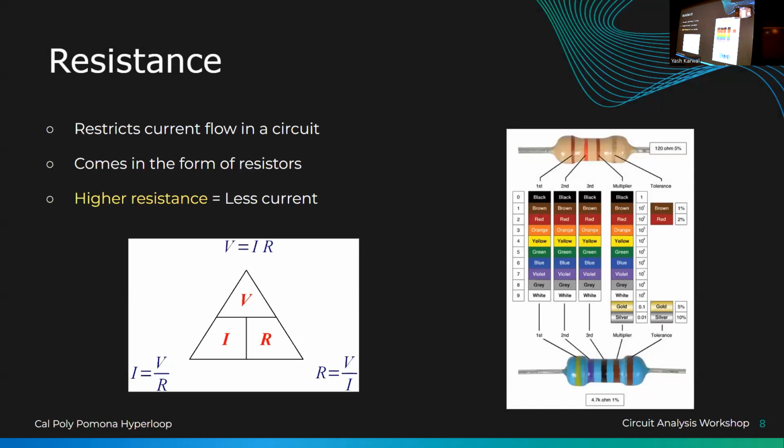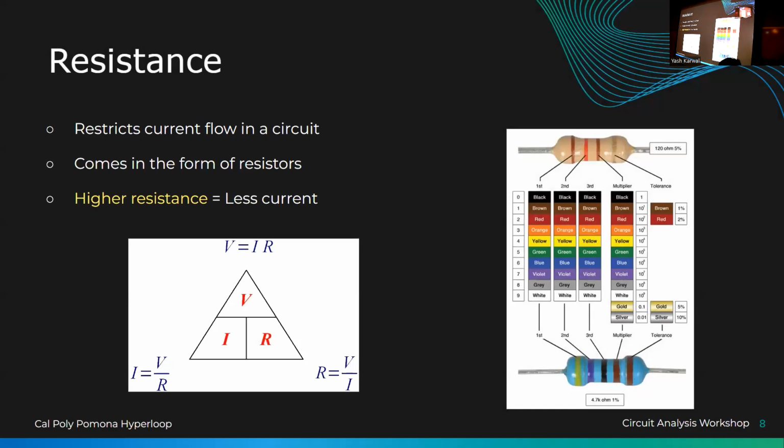All right, resistance. Let's say in the circuit you want to control how much current goes into a device. For example, if you want to power a light bulb, you don't want too much current going into it and killing it. So you use a resistor to resist current so that the LED can power on.